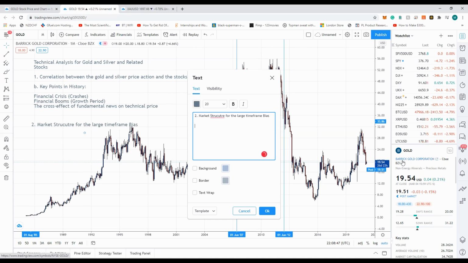Now 3, I'm going to put this here, market structure of the intraday and intra-week trends. And number 4, usually your final decision for investing is going to be a combination of things. But when you're looking for the best and most accurate price, especially if you're a trader, number 4 is market structure analysis for entry.